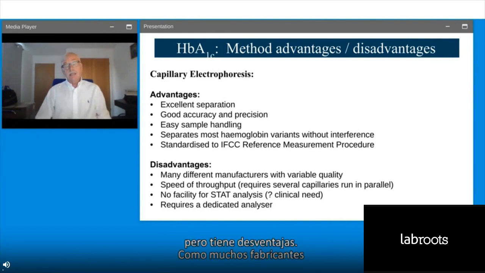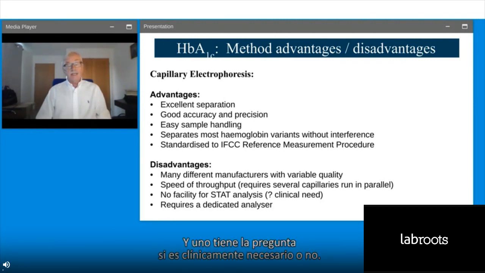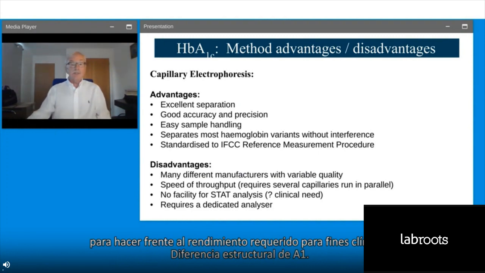There are many manufacturers that have variable quality. It does not have a stat ability, and one has to question whether it's clinically needed or not. And it has a slow throughput, therefore several capillaries have to be used in parallel to cope with the throughput required for clinical purposes.